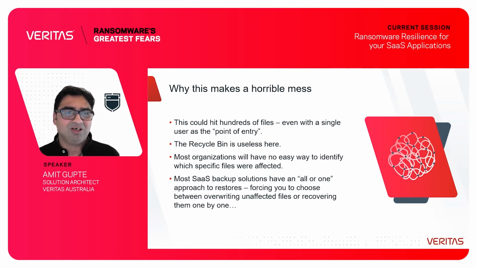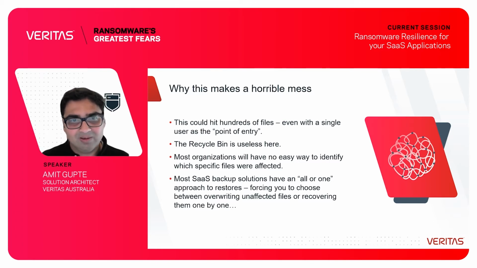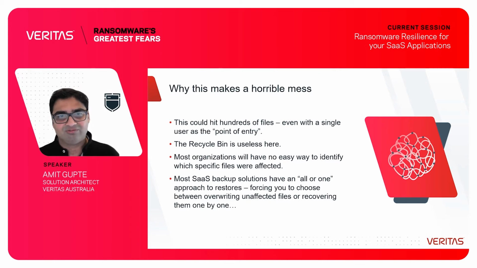It can be extremely difficult to identify which files were affected and which weren't. The more shared files you have, the more complex this problem becomes. A lot of SaaS backup products have restores that offer a choice of all or one.